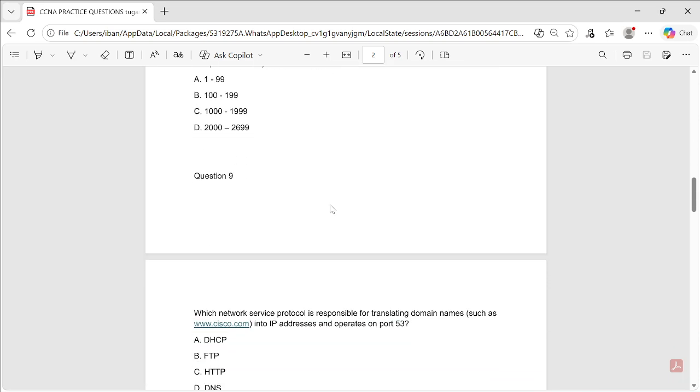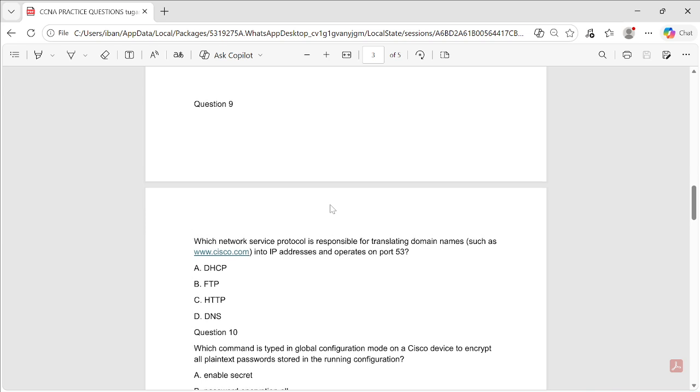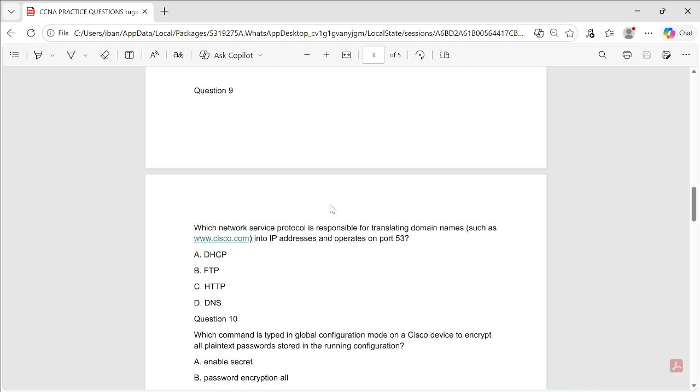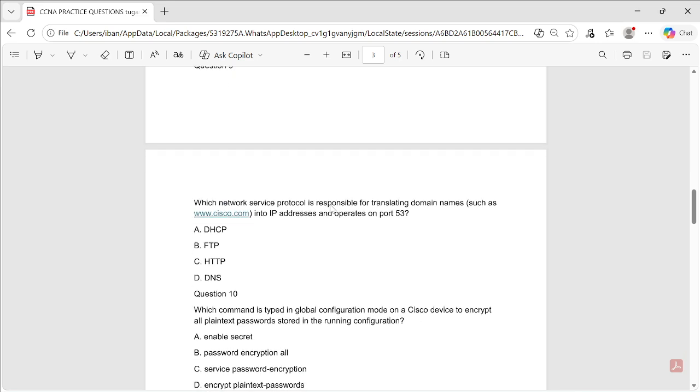Okay, that's the answer. Question nine: which network service protocol is responsible for translating domain names such as www.cisco.com into IP addresses and operates on port 53?